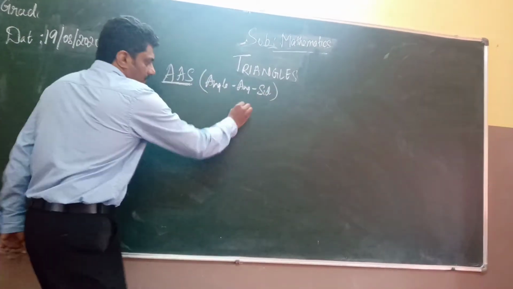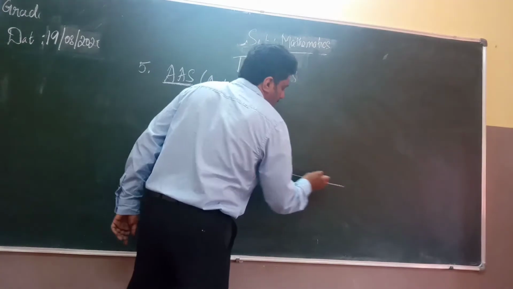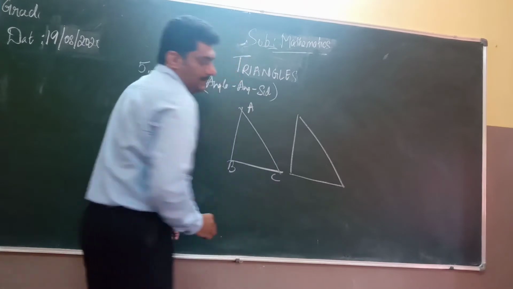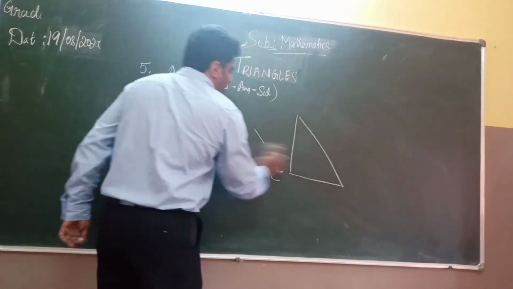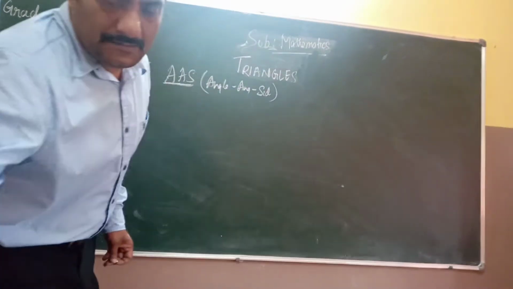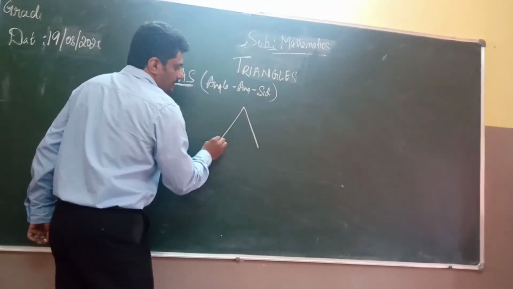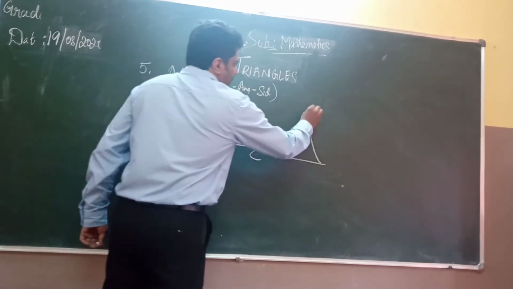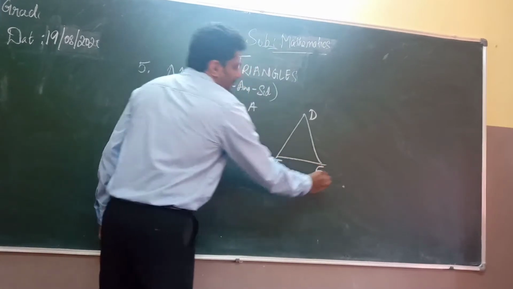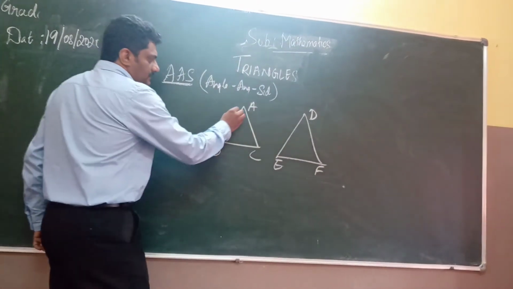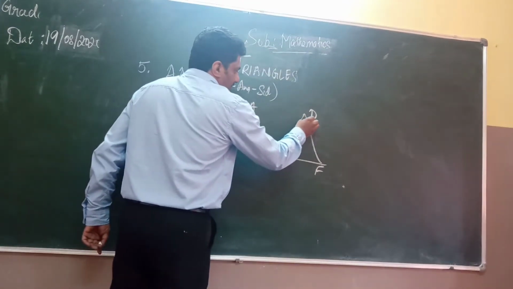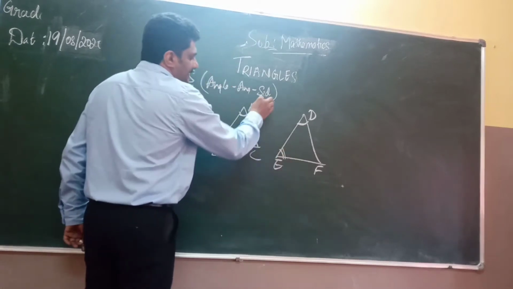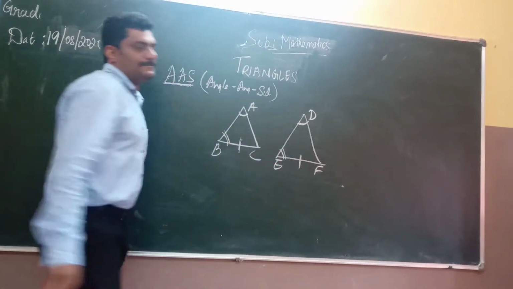That means in two triangles, ABC and DEF, an angle, then another angle, the second angle, and then a side.